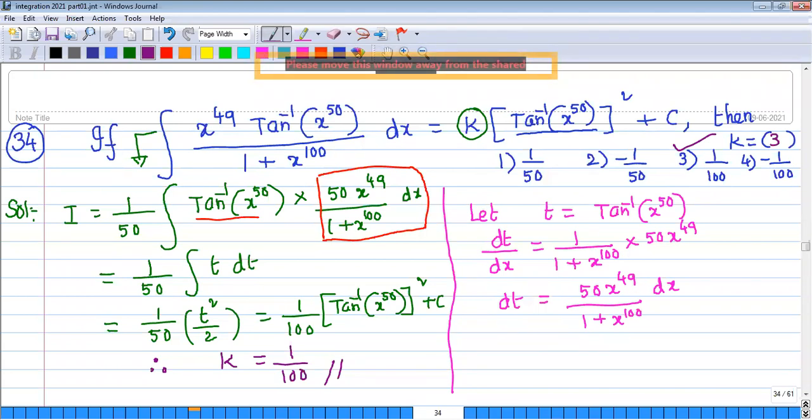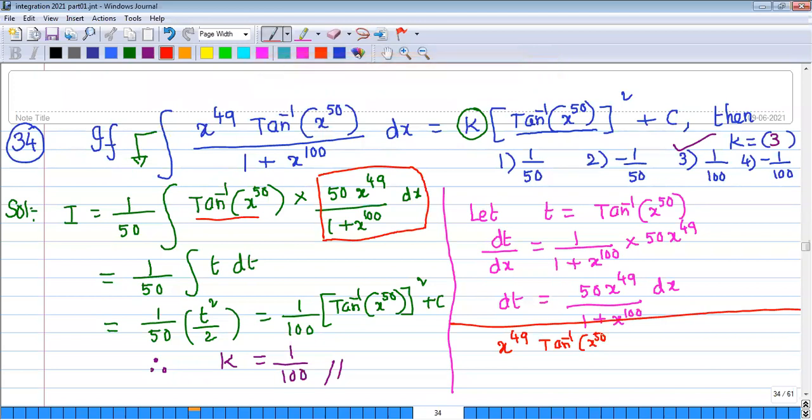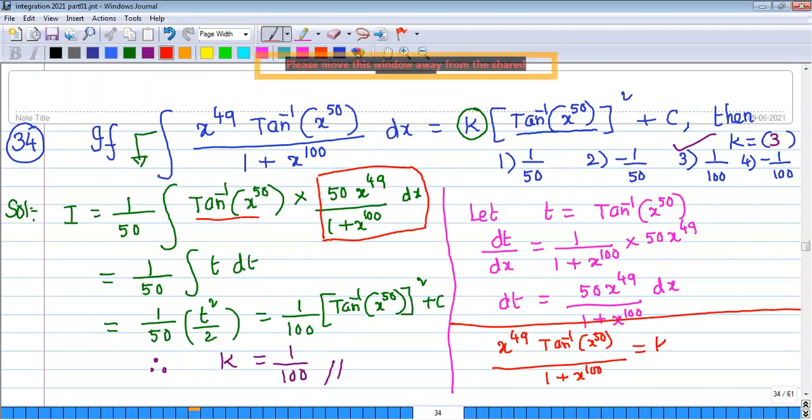Even this can be done by differentiating both sides also. See, let me explain. If you differentiate, this will be, I think, only one step. Because the derivative of the integral will be x to the power of 49 tan inverse x to the power of 50 upon 1 plus x to the power of 100 equal to k, k is constant.